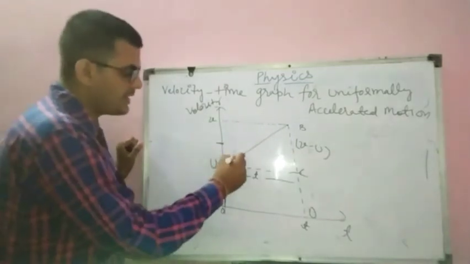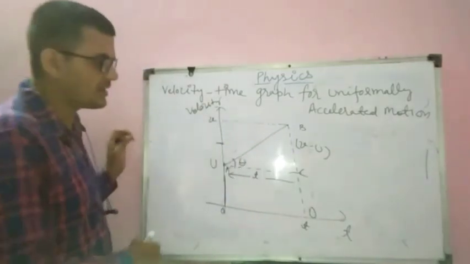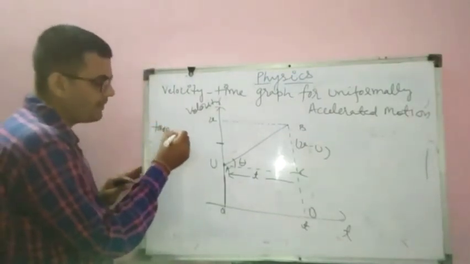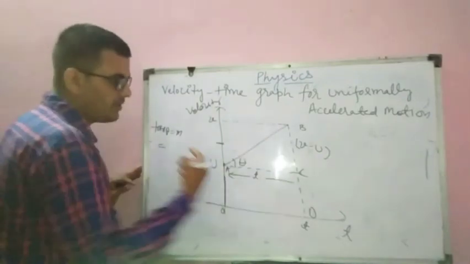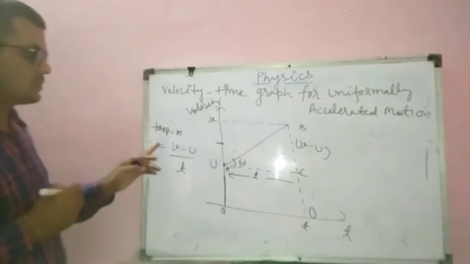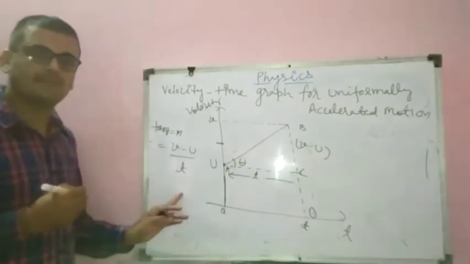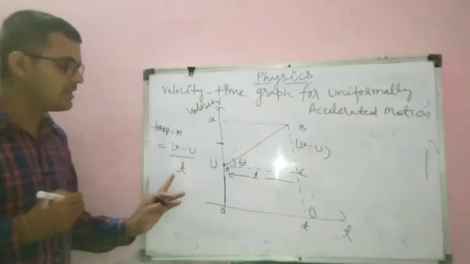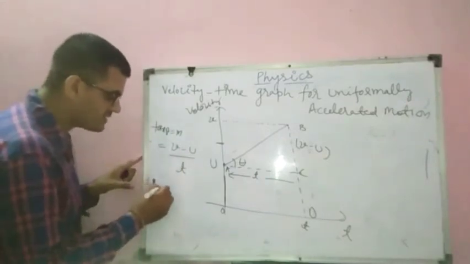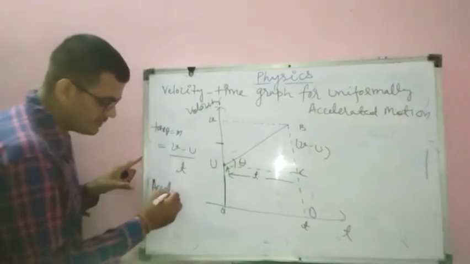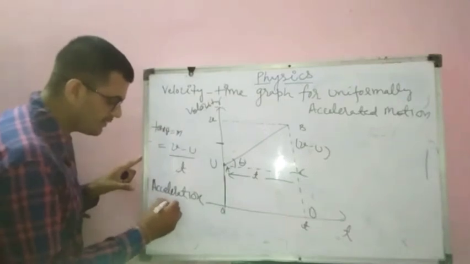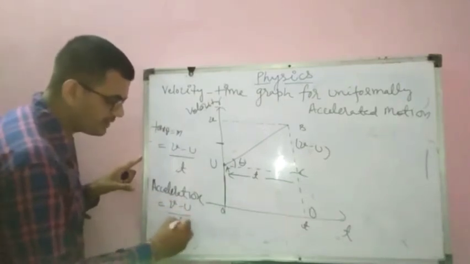Let this angle be theta. So tan theta equals the slope, which is perpendicular upon base, v minus u upon t. So what is it? It is change in velocity upon time, and change in velocity upon time is called acceleration. So acceleration equals v minus u upon t.